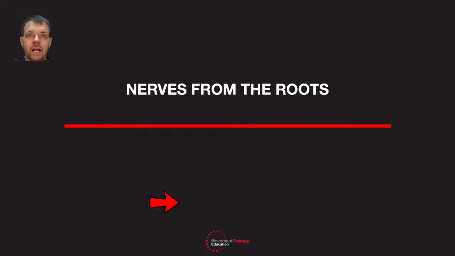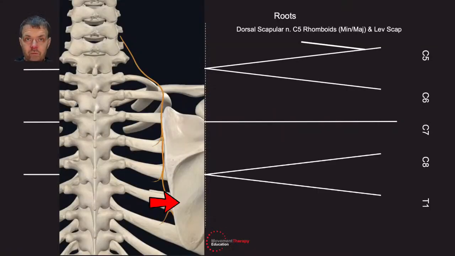So we had to look at the nerves from the roots, and these were nerves that come specifically straight away off of the root. So here's C5, just below midway in your neck, and there's a specific nerve that comes off of that nerve root straight away.